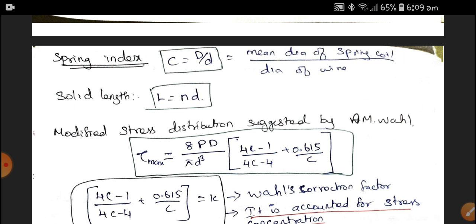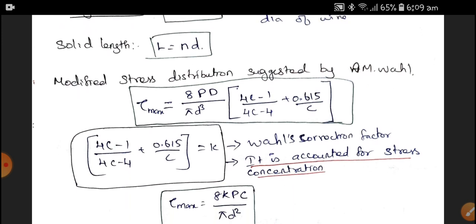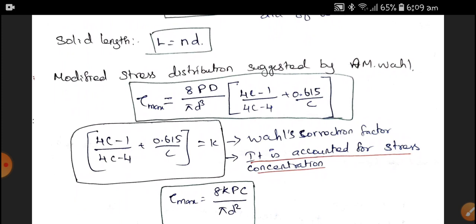Next is the solid length. Length of the spring L is equal to number of turns into coil diameter. And this is a very important formula, the modified stress distribution suggested by A.M. Wahl. Wahl is a very good mechanical engineer and scientist.